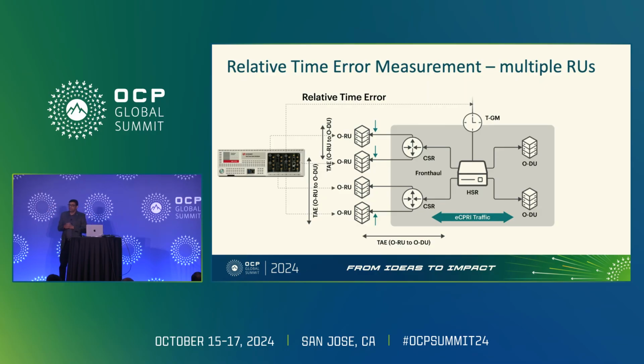One of the other things that we need to keep in mind is that this network is not only propagating time. This network is propagating time because that's a supporting function for the actual work this network is supposed to do, which is to transmit the radio data from the base station to the radio unit.